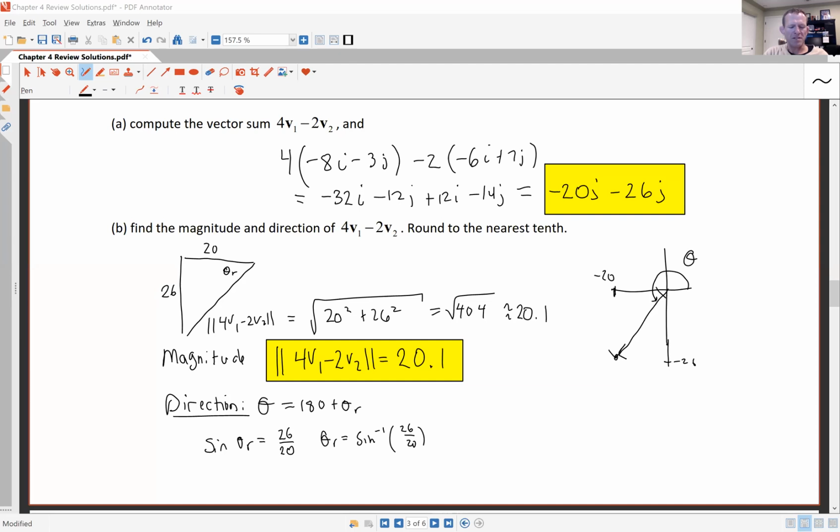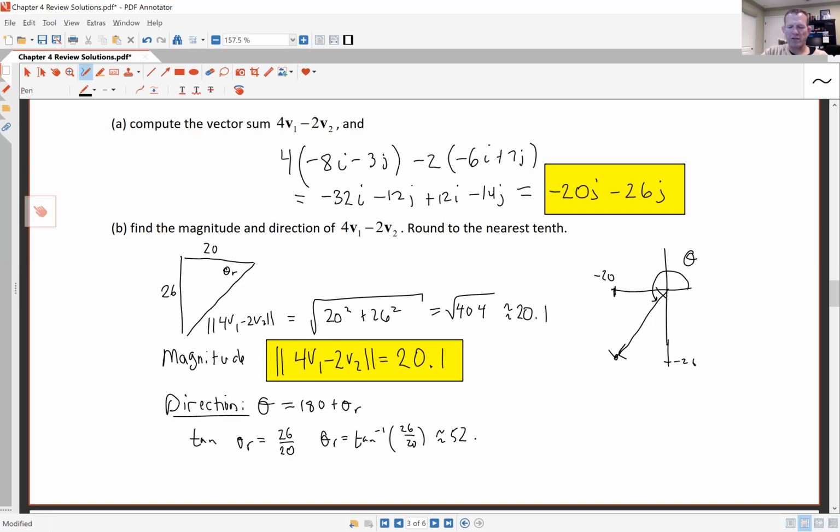So we use our calculator on this one and calculate the inverse sine of 26 divided by 20. Oh, sine, yeah, that's not going to work. That was supposed to be a tangent. Inverse tangent of 26 divided by 20 is 52.43 degrees.